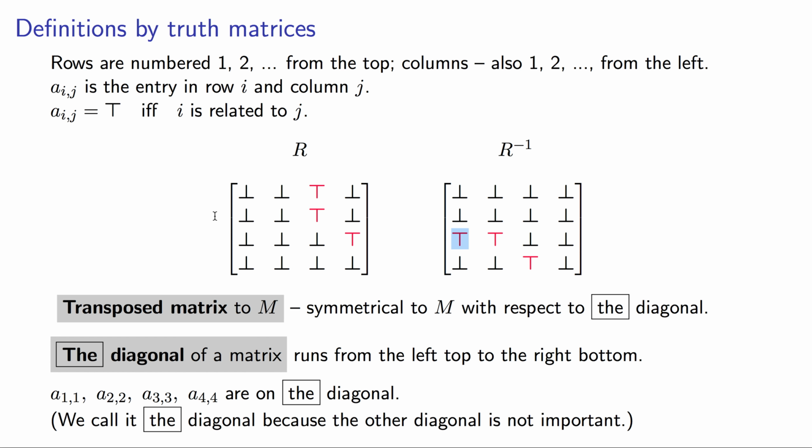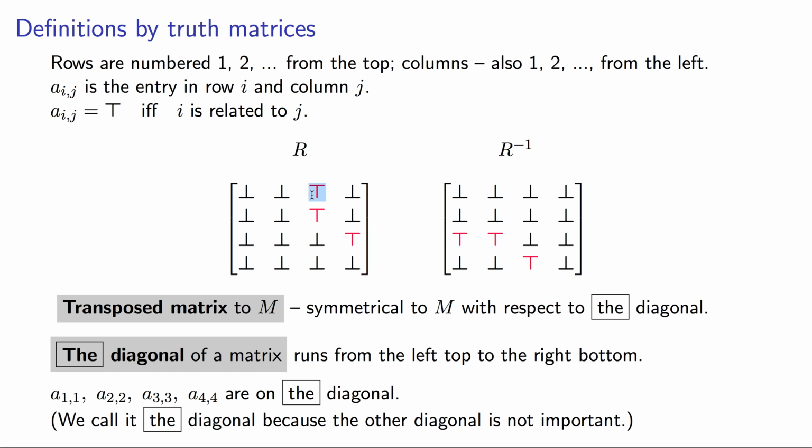And the relation R, which we considered in the previous examples, corresponds to this matrix, where the symbol for truth value true is used in the case of pairs which satisfy the relation.